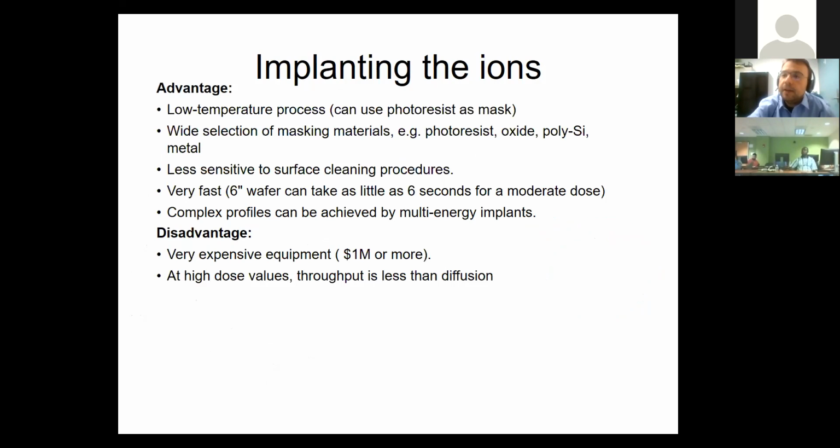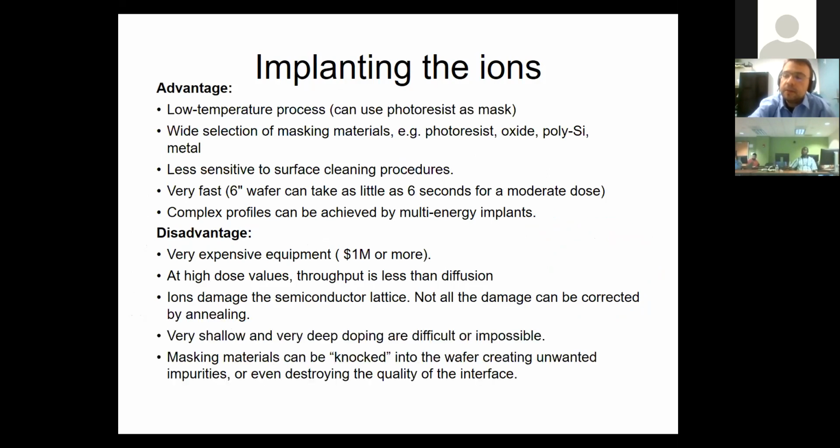So these are the advantages and disadvantages. Of course, it's a very expensive tool compared to the simple diffusion process that we covered maybe 2 days ago. But it's a very fast process, and it's also a low temperature process. We don't have to increase the temperature.